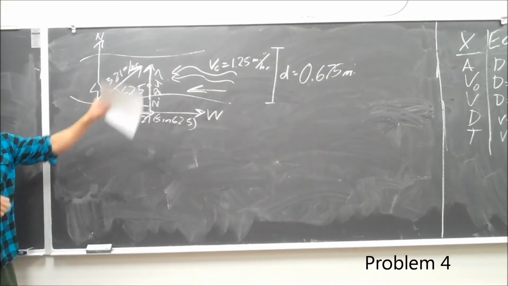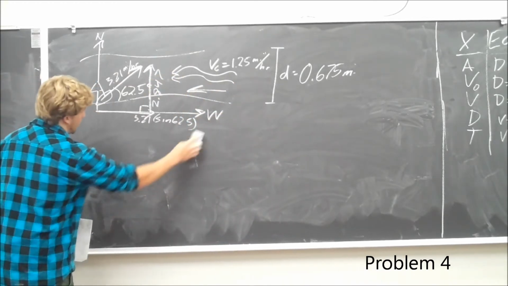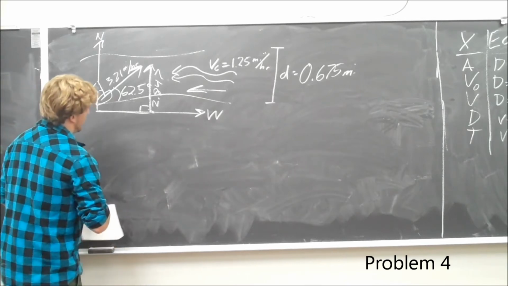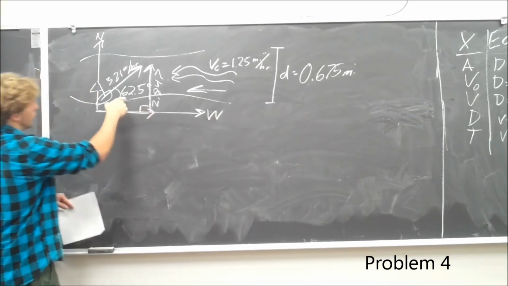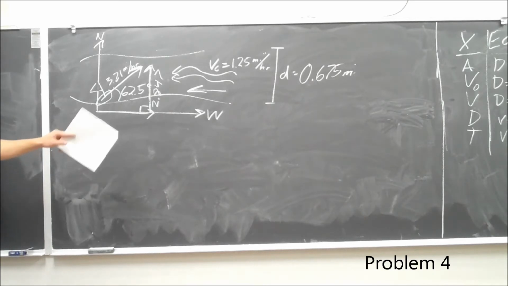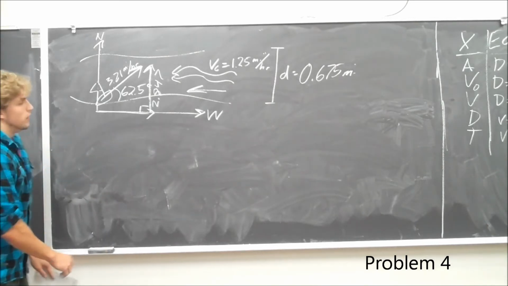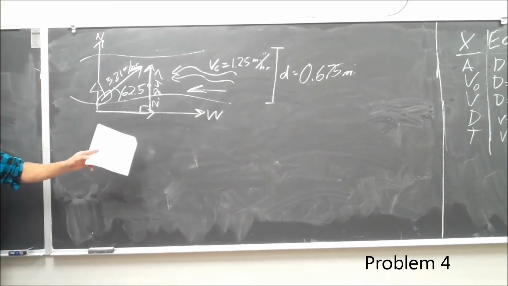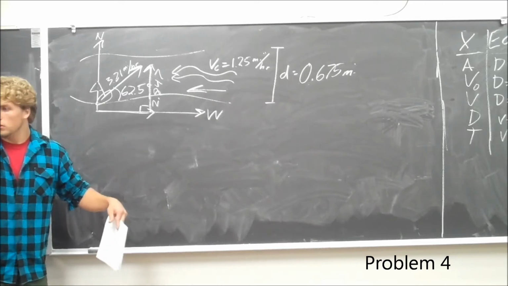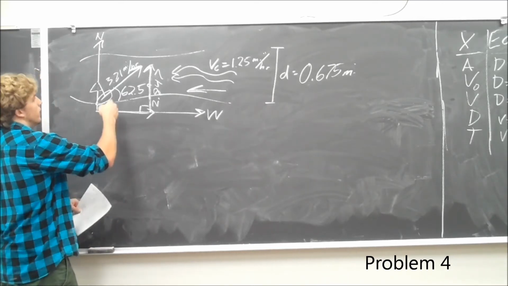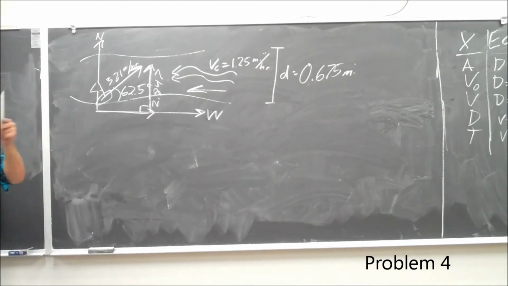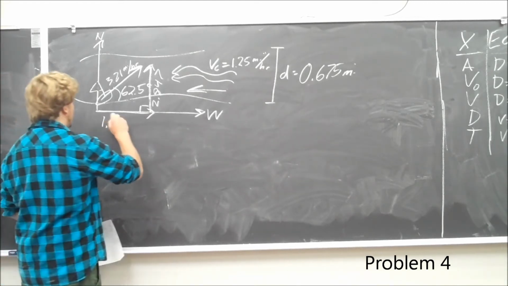Okay? Now that means the horizontal can be cosine of 62.5, because it's just the other one. Is anybody having any trouble with this? Do I need to explain this further? Cool. So then 3.21 cosine 62.5 is 1.48.